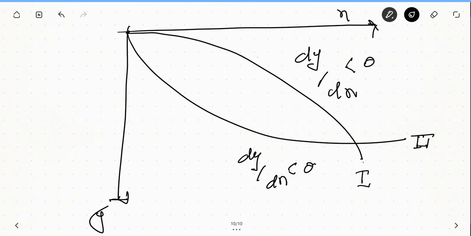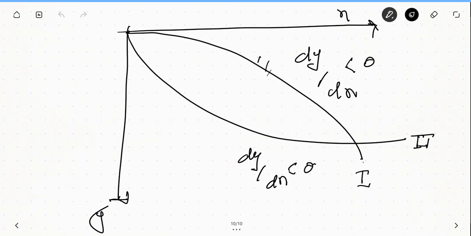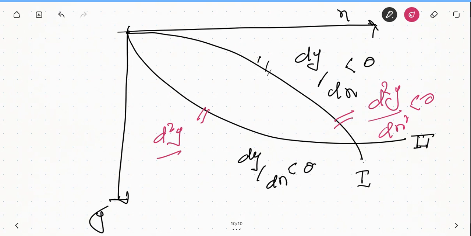In the concave down condition, or convex profile, the curvature is less than 0. So what will the curvature be in this condition? When you check it, d2y over dx2 must be less than 0. And in this concave up case the curvature d2y over dx2 must be greater than 0.